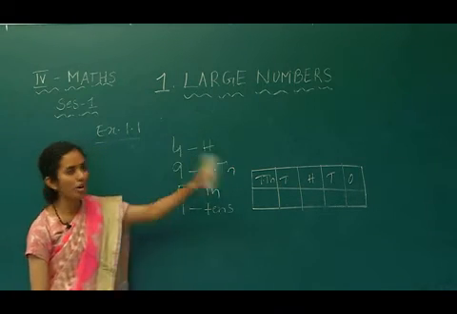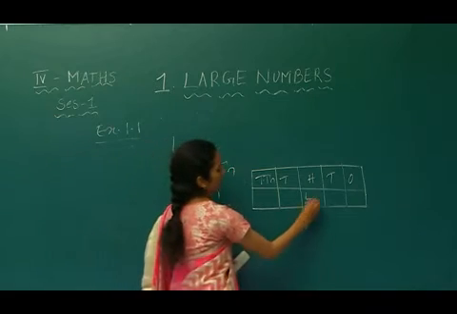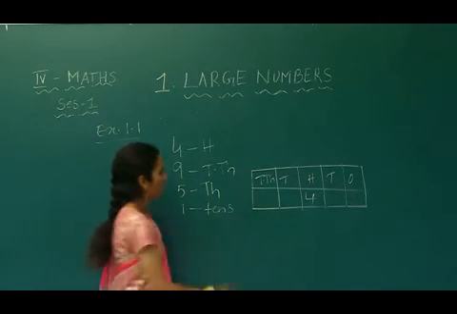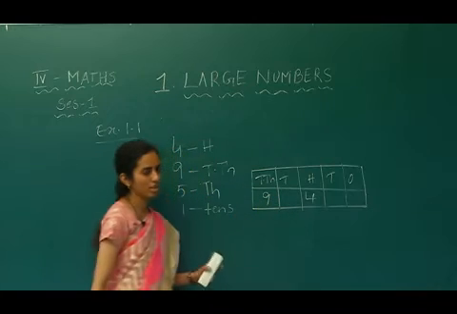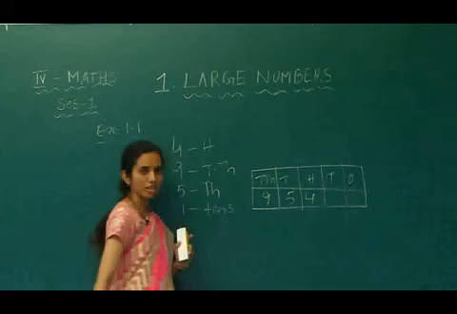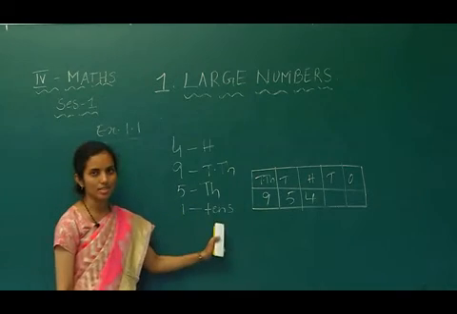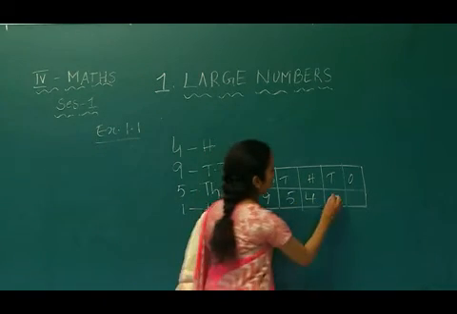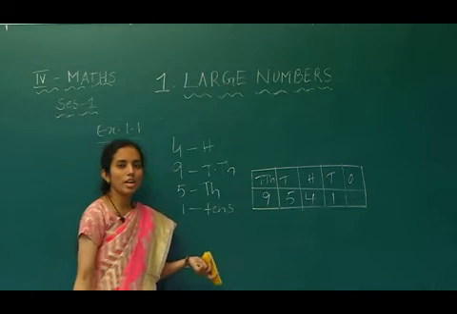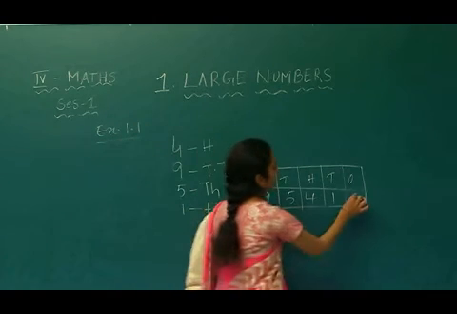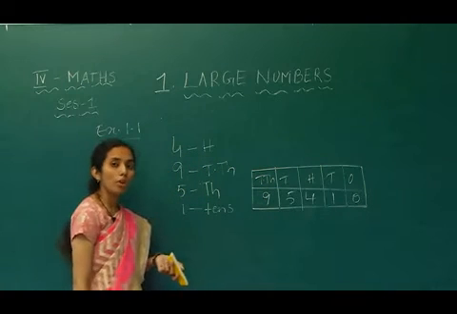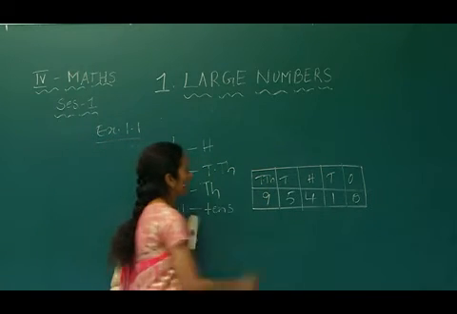So you write 4 in hundreds place. 9 10,000s. 5 thousands. And 1 tens. That means 1 in tens place. And what about ones? He did not give. So what we have to do? Put a 0. So what has it become?